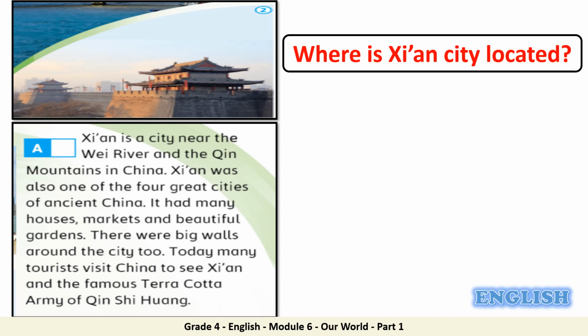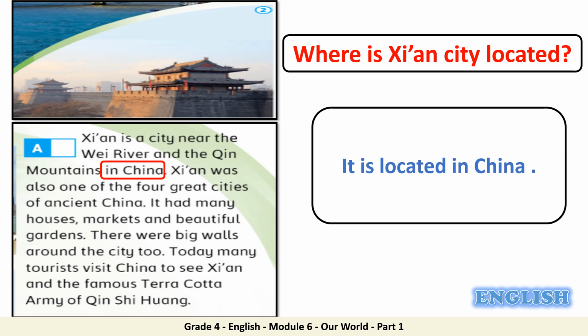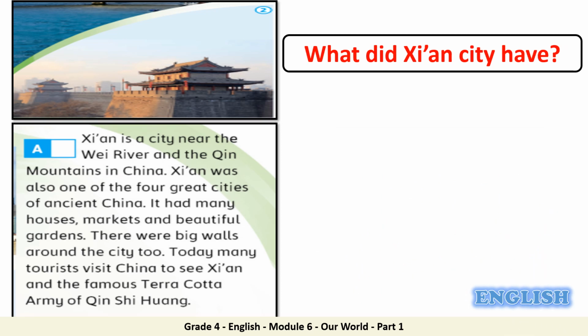Go back to the text to find the answer. It is located in China. Nice work. What did Xi'an City have? Let's go back to find out the answer. It had many houses, markets, and beautiful gardens.